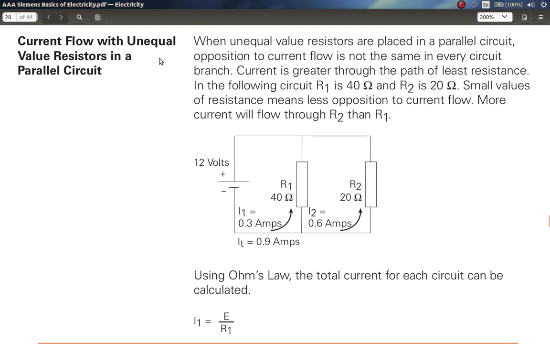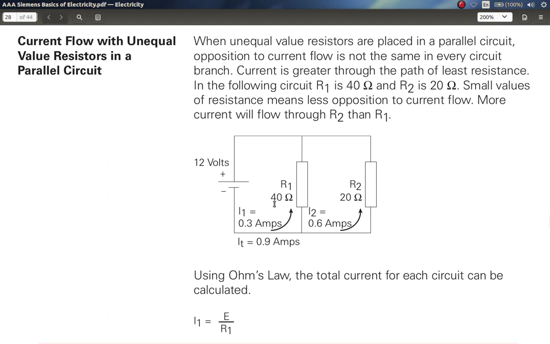Current flow in unequal values of resistors. When unequal value resistors are placed in a parallel circuit, opposition to current flow is not the same in every circuit branch. So you have different resistors now, you have different oppositions to current flow.